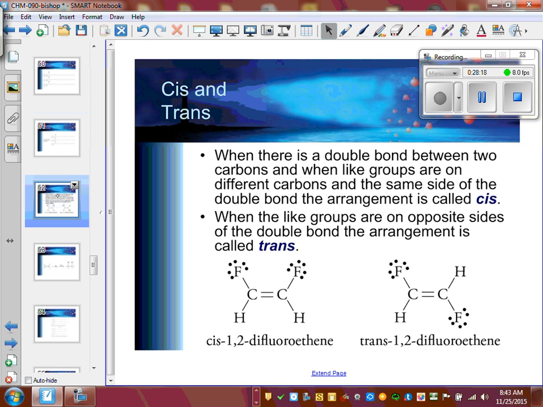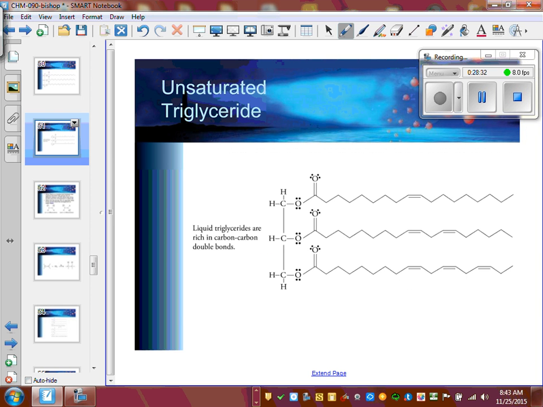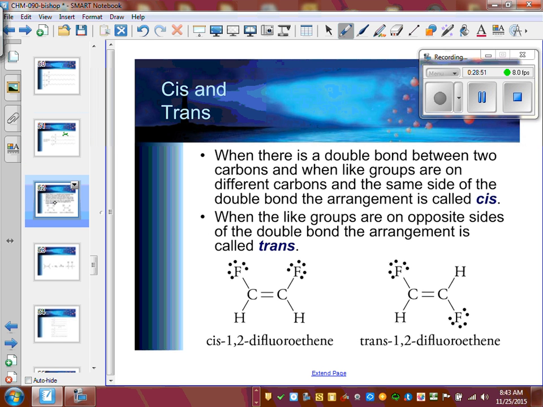And we saw those double bonds. Let's go back a minute. We had a carbon and went up, over, and down to another carbon. Well, there's actually a hydrogen here and a hydrogen here. When you have a carbon-carbon double bond, you can either have both items on the same side or on opposite sides.